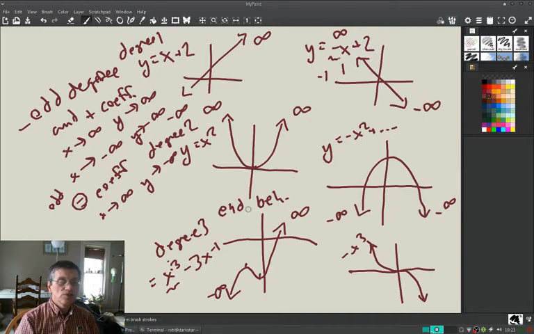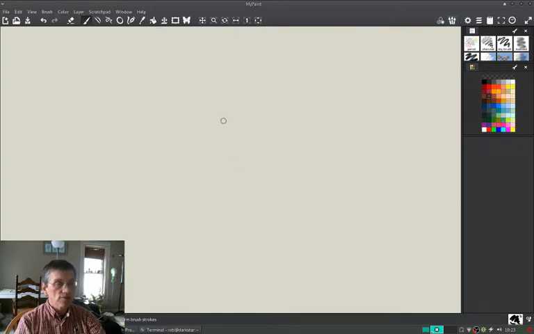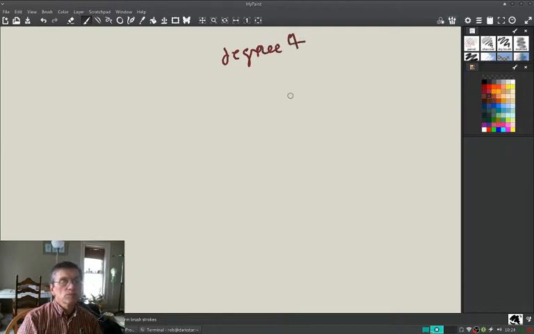So you can probably see the rules emerging here. And we can probably guess what a degree 4 is going to look like. These problems are going to be very easy because you're going to be just looking at these things and telling what happens. Degree 4 is going to be similar to degree 2. If it has an even degree and a positive coefficient, then it goes off to infinity.